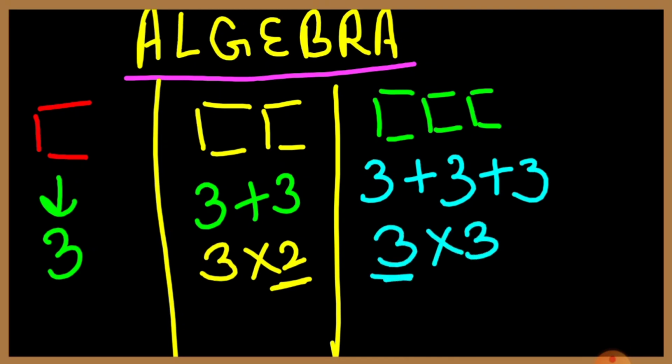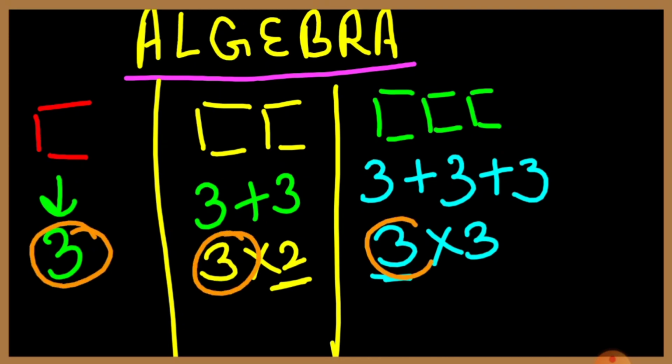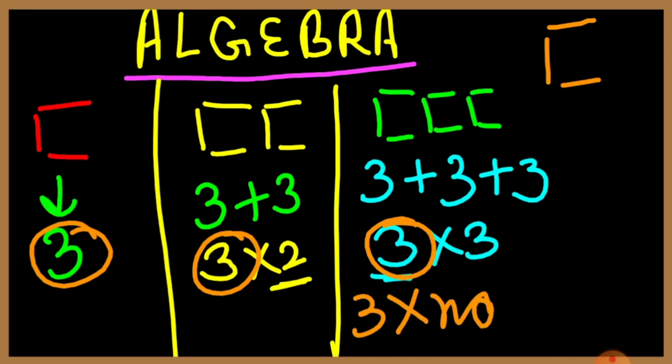So again you can check here, students. 3 was there everywhere. So 3 is constant, because the number of matchsticks used to make 1 time C is 3. And the number of matchsticks in the pattern will be 3 times the number of C's in the pattern, right?